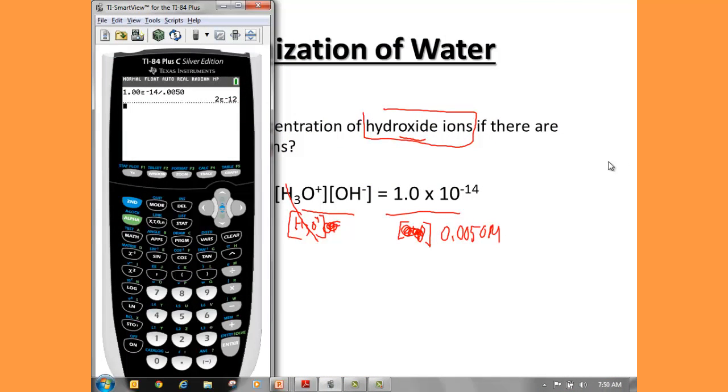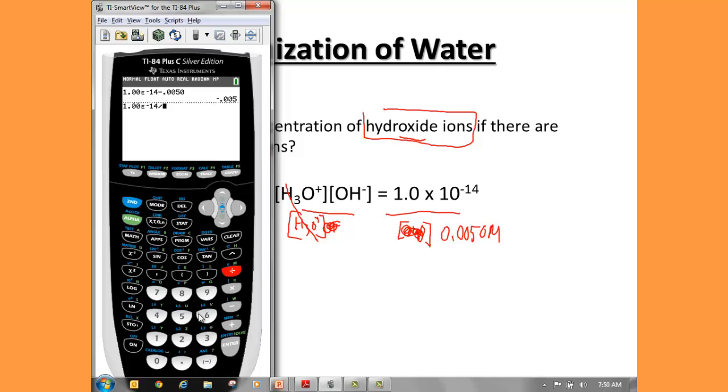If we were to take that number, 1.00 times the EE key, negative 14, that EE takes care of the times 10 to the, divided by the 0.0050, we end up with, oh, I subtracted. Let's try that one more time. 10 to the negative 14th.